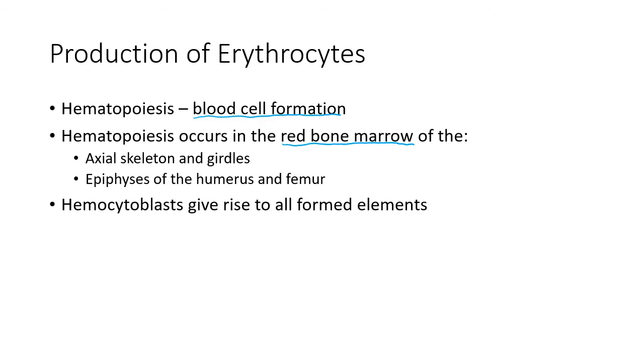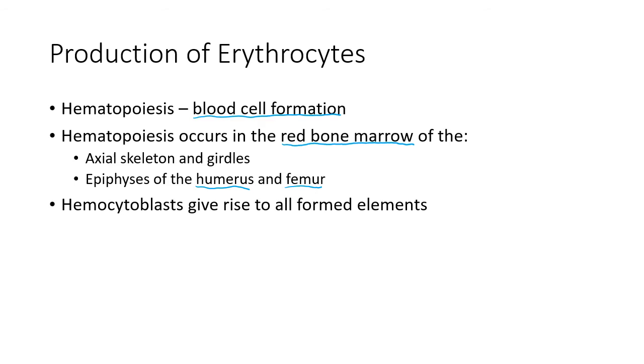And so this is found in different places within the body, some in the axial skeleton, some in the appendicular skeleton. So it's going to be found in the hip bones, the skull, and then in the ends of our long bones, we're going to find it in places like the femur and the humerus, found at the ends of those bones in the epiphyses, where we have still red bone marrow as well.